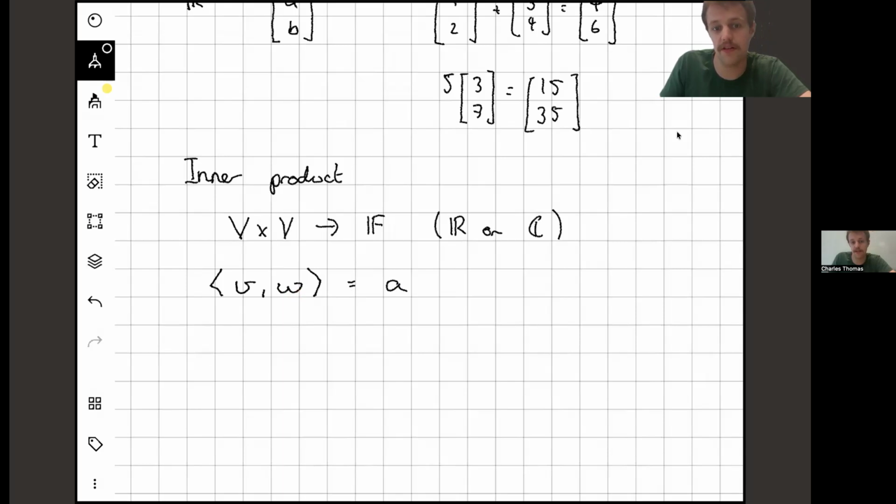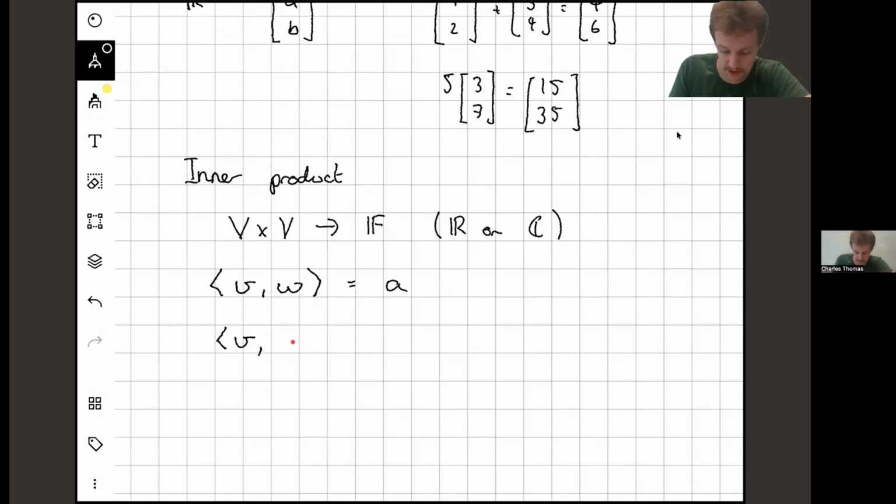Now, an inner product has to obey certain rules. Firstly, it has to be linear in the second argument.